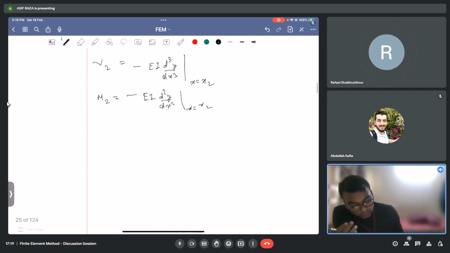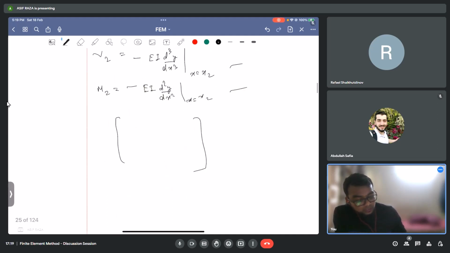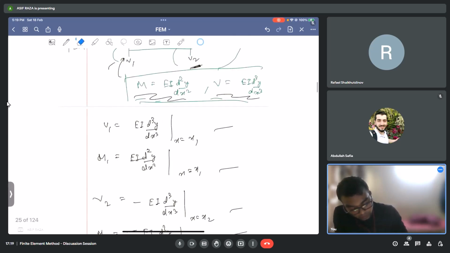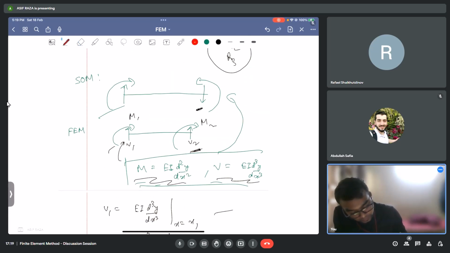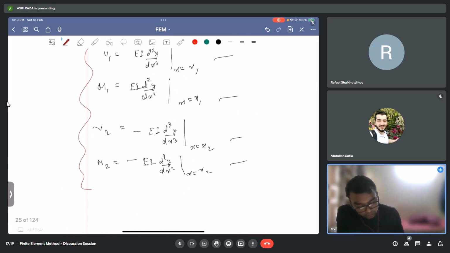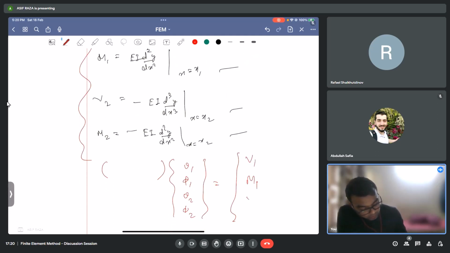So when you arrange all four, we get four equations. Taking the displacements as v1, phi1, v2, phi2, my degrees of freedom, when we expand all four equations, we will have four equations in terms of v1, phi1, v2, phi2, respectively giving V1, M1, V2, M2.